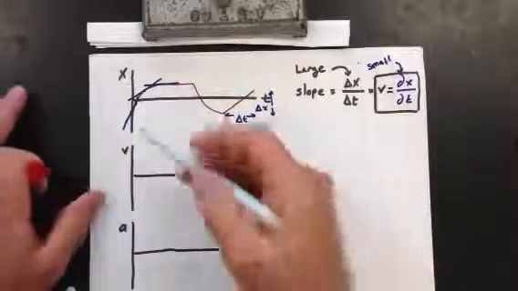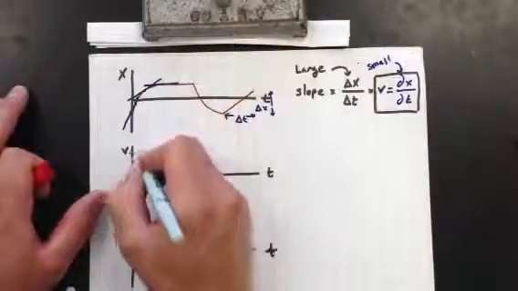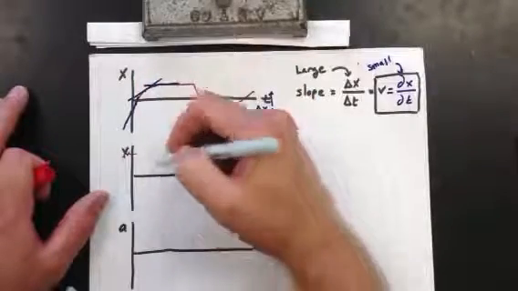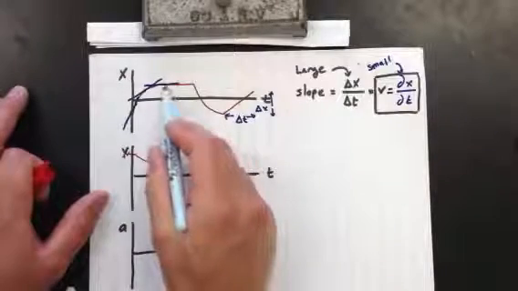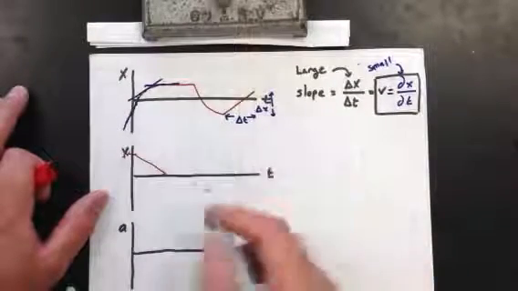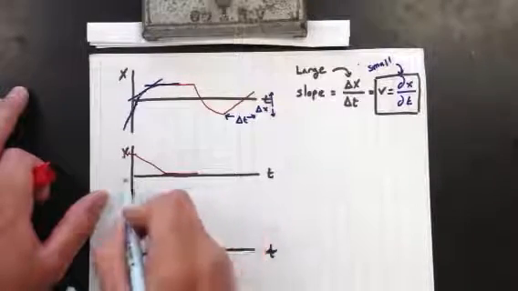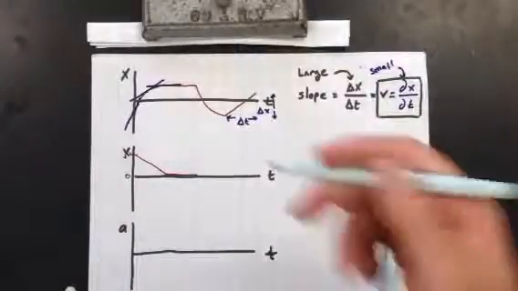So what we can do is transfer the information from our position time graph down to our velocity time graph. So we know that we have a positive slope that is decreasing to 0. So we'd have to start at some positive v here and then end at 0 in the same amount of time. Then you can see here that we have a 0 slope, which means that we have a 0 velocity. So over that time interval, we stay at the 0 velocity, and then at this point, let's look at the slope here.